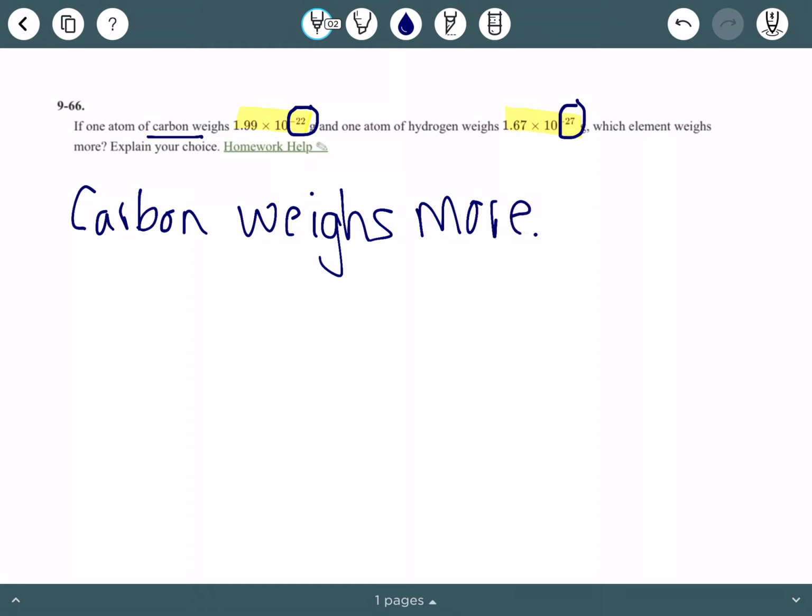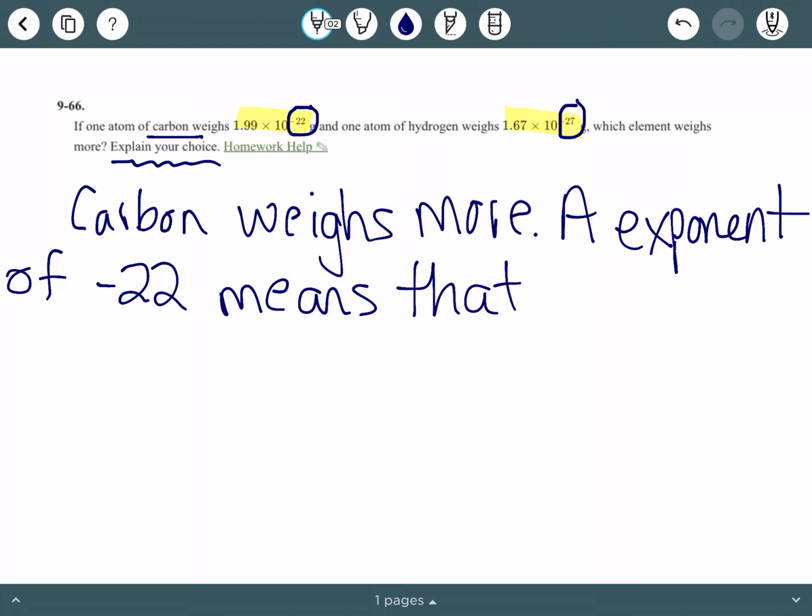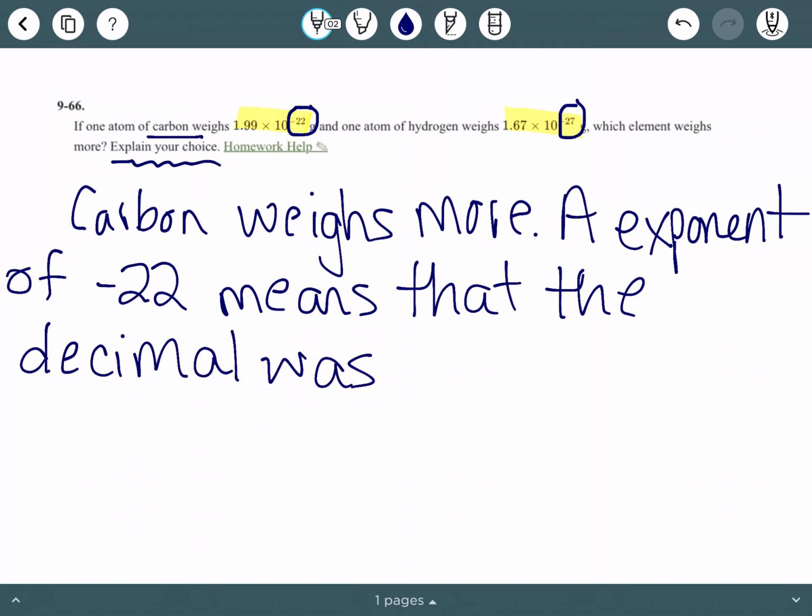Now, we do need to explain our choice. That's an important part of this problem. So let's go ahead and say an exponent of negative 22 means that the decimal was moved 22 places to the left.